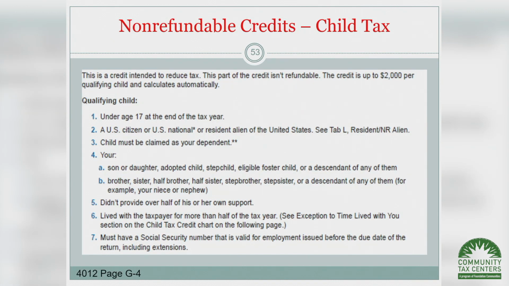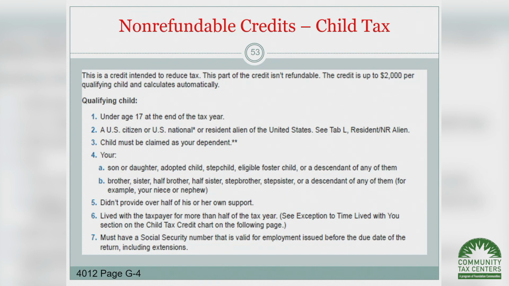Then we have our third type of non-refundable credit, and that is the child tax credit, the non-refundable portion. That's the third way that a child impacts a tax return: you get another credit, the non-refundable child tax credit. So how does a child qualify for the child tax credit?